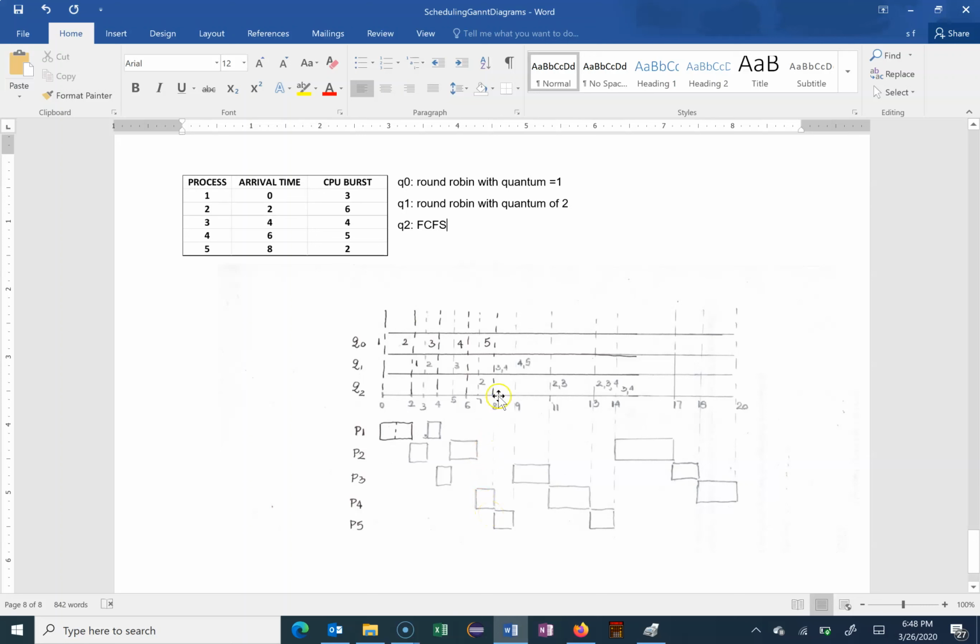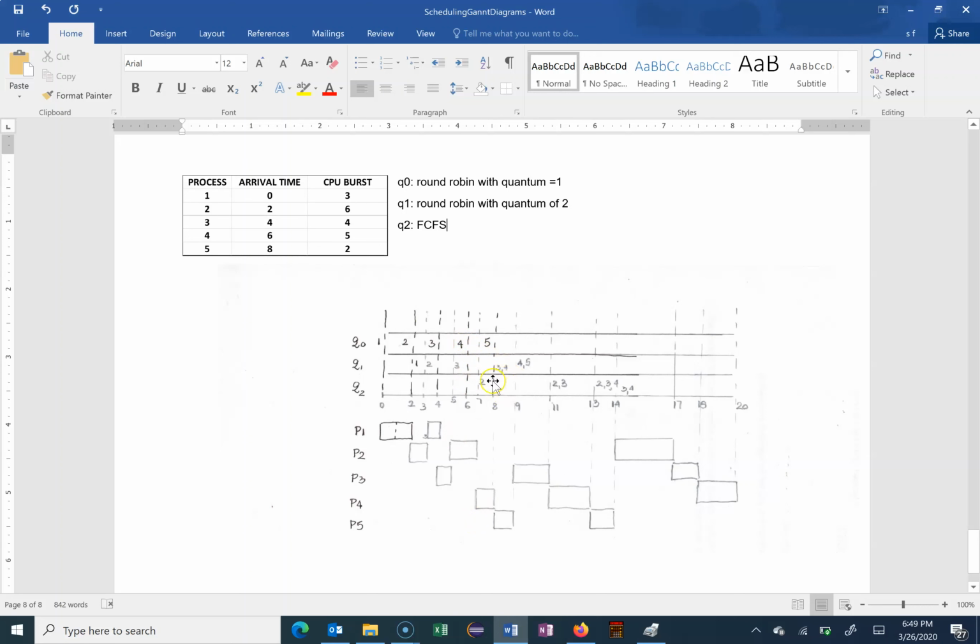Okay. So now we got to 8. At moment 8, process 5 gets into Q0. Process 5 will be scheduled right away. It's in the highest priority queue. Process 4 is moved down the queues, so now process 4 is going to be in Q1.